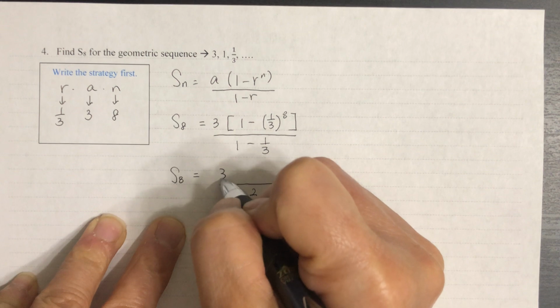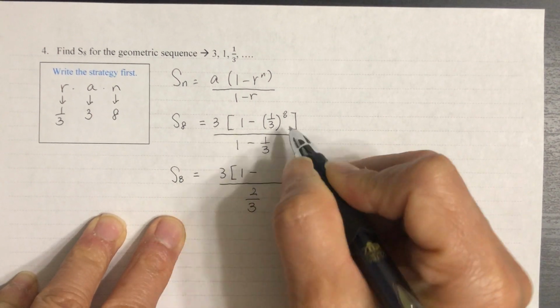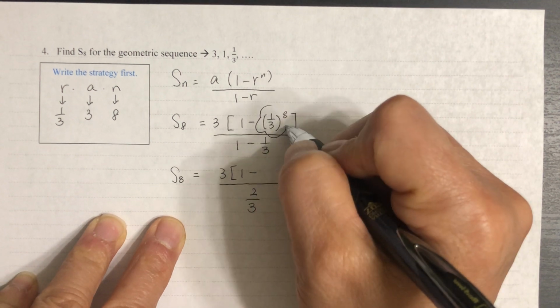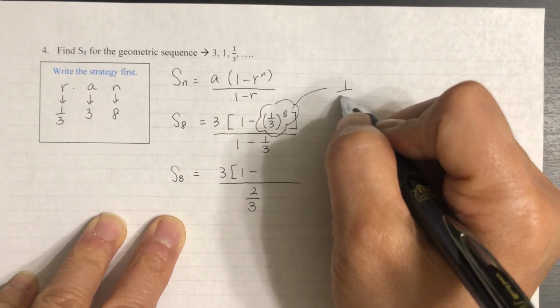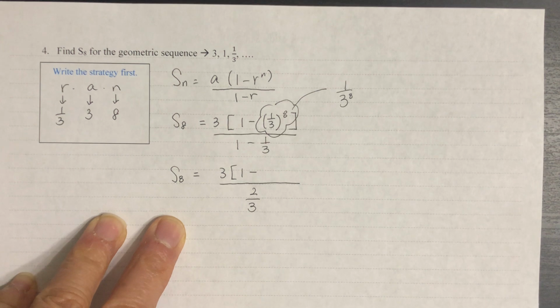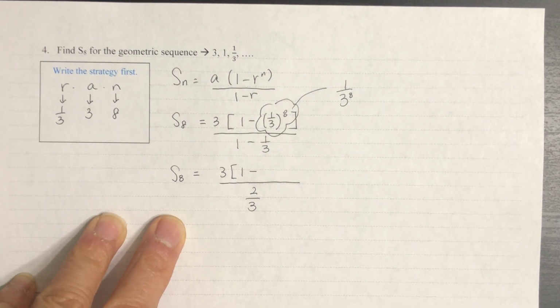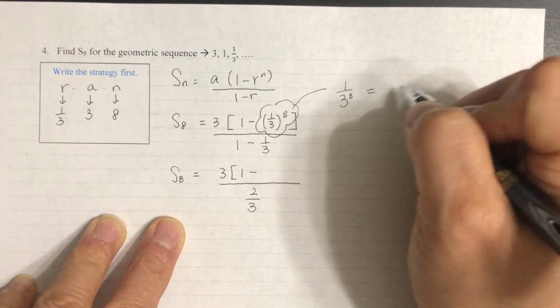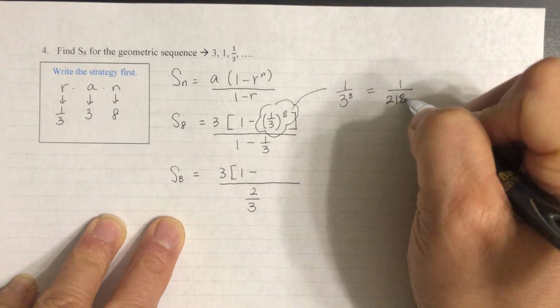Okay, here we have 3 times 1 minus, this is the same thing as 1 over 3 to the 8th. Now, that's something we want to also memorize, although 3 to the 8th doesn't come out very often. This is the same thing as 1 over 2,187.